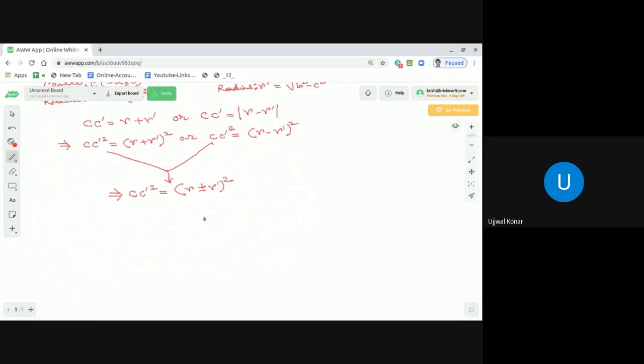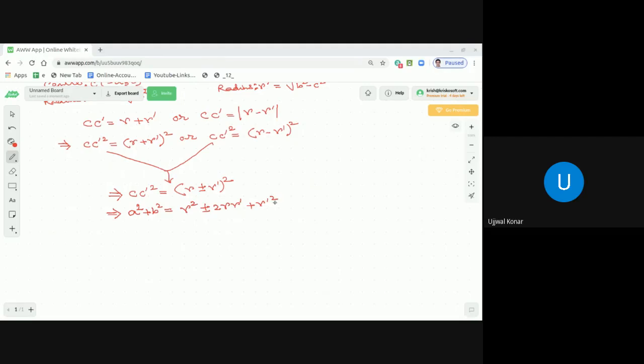So if this is the case, then let's expand it. C dash square is nothing but the distance between the two centers, that is square root of a square plus b square whole square, that is a square plus b square. So a square plus b square is equal to r square plus minus 2r r dash plus r dash square.